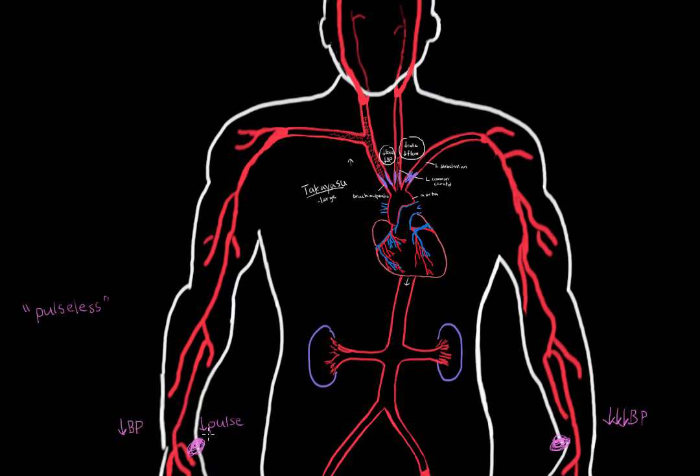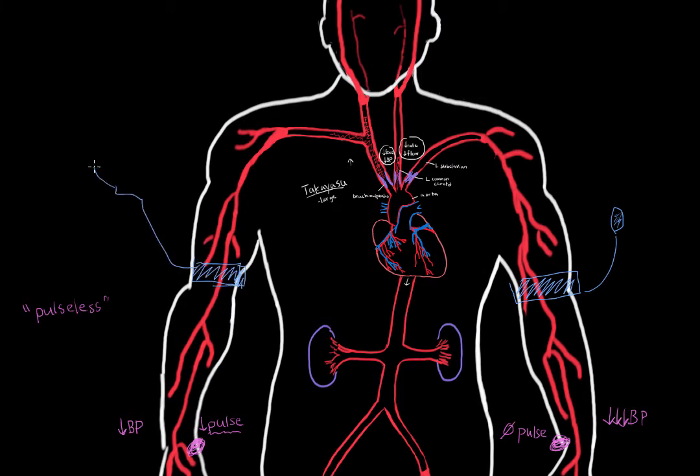And so you might be able to feel the patient's pulse here, but not on this side, not on the patient's left side. And now, it makes sense that if you take a patient's blood pressure with the blood pressure cuff on one side of the body versus the other side of the body, you might notice a discrepancy.